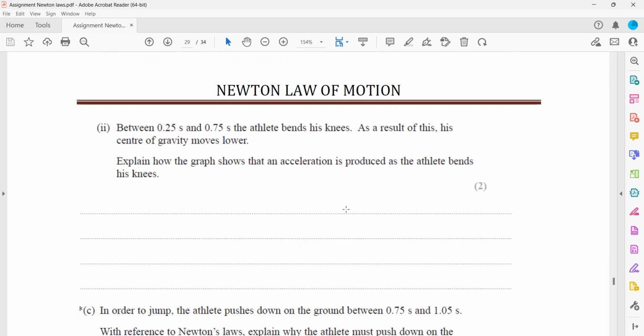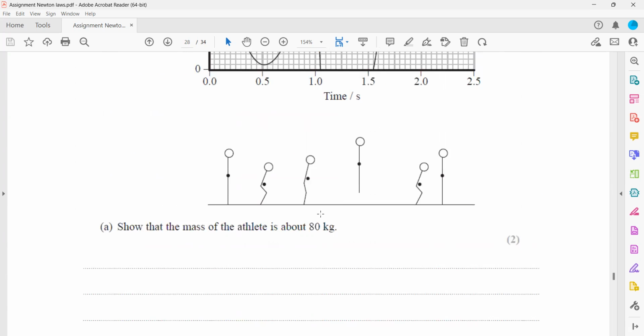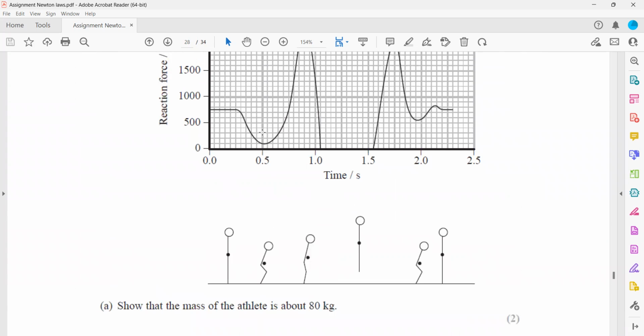Explain how the graph shows that acceleration is produced as the athlete bends his knees. So how does the graph show that as he bends his knees?